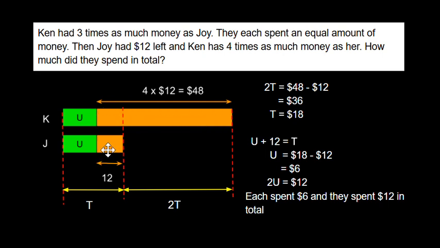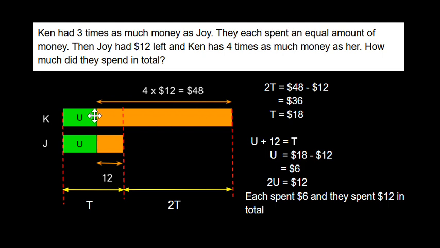Here is 12. Okay. The question asks how much did they spend in total? Okay. So the total is 2u. 1u, 2u. From the model, visually, straight away you can also see that 2t is equal to 48 minus 12.